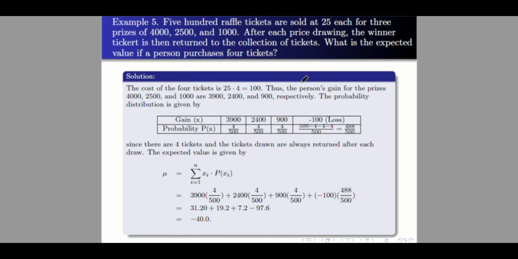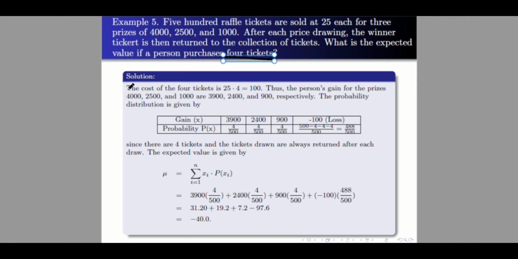Now take note, the cost of buying the 4 tickets is 25 for each ticket. So 25 times 4, because 4 tickets are purchased, is 100. Because of this, the person's gain for the prizes will have a subtraction of 100.